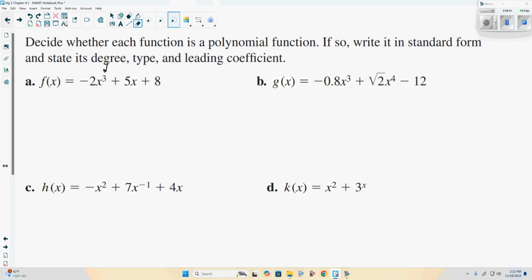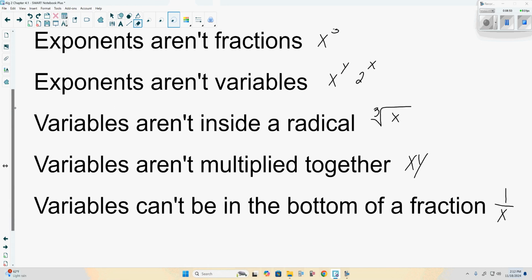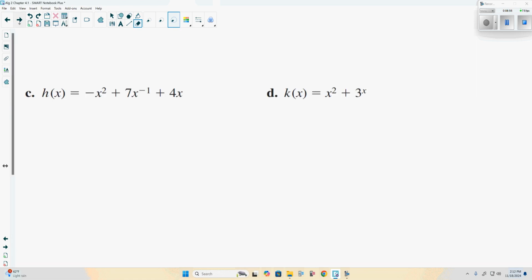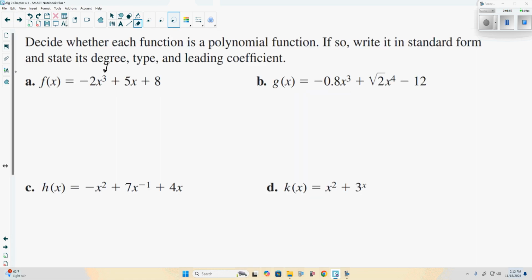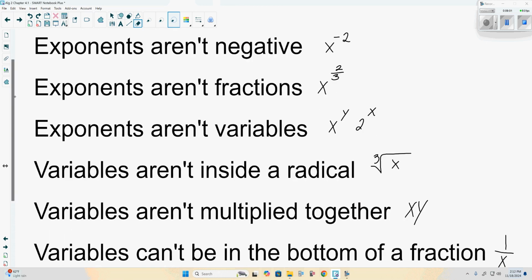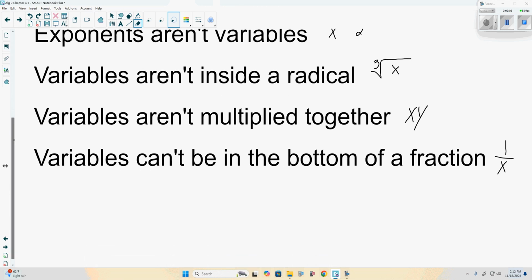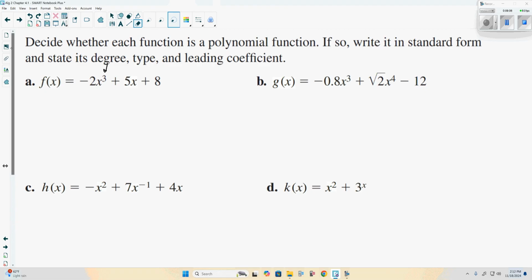No. Exponents aren't variables. Do we have a variable inside of a radical? Do we have two different variables being multiplied together? Do we have a variable in the bottom of a fraction? No. So is this a polynomial function? Yes.